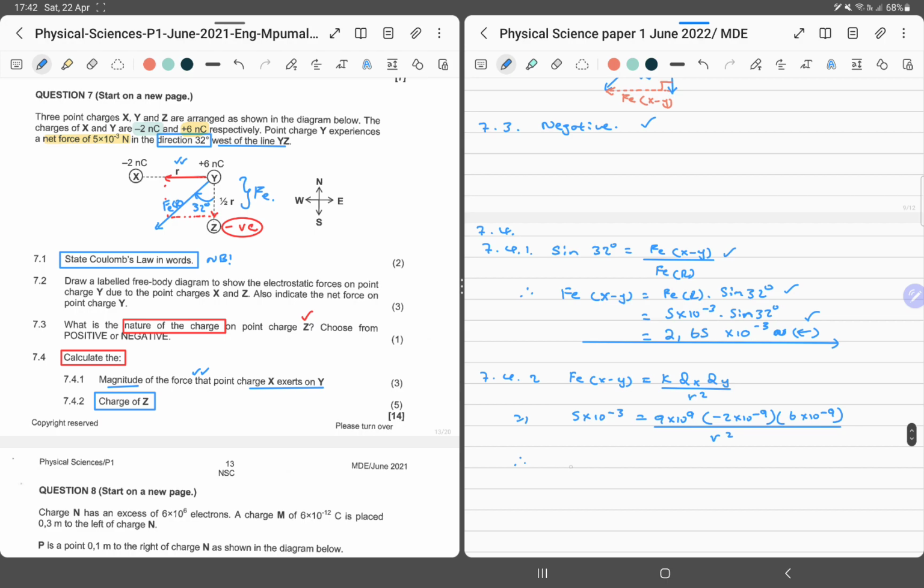So what do we know? Therefore, our r squared, we want r. So our r is going to be the square root of whatever is going on in there. So the best way to perform this is to say square root of 5 times 10 to the exponent minus 3 divided by this product here, which is going to be 9 to the 9 into the 2 to the minus 9 into the 6 times 10 to the minus 9.